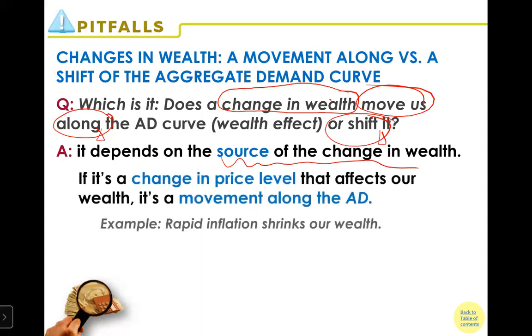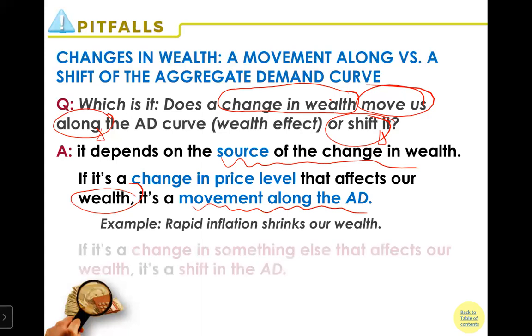Okay? So if a change in the price level causes a change in wealth, that's going to be a move along the aggregate demand curve, because there's nothing affecting the fundamentals of the economy, right?